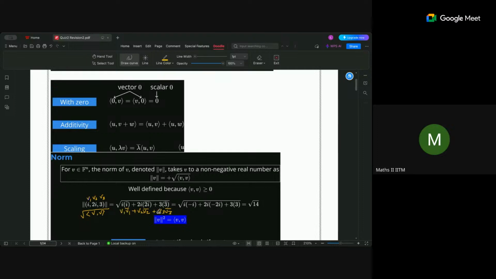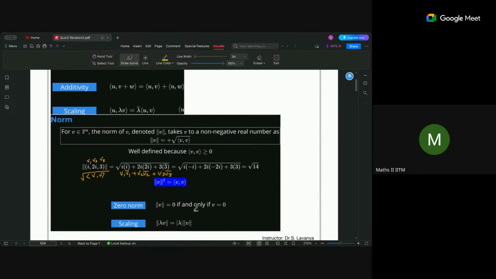So that is what we are doing here. And what is i bar? i bar is minus i, 2i bar is minus 2i, plus 3 comma 3. For real numbers, the complex conjugate does not affect anything. So this is the answer. Usually this is how we compute the norm of any vector.